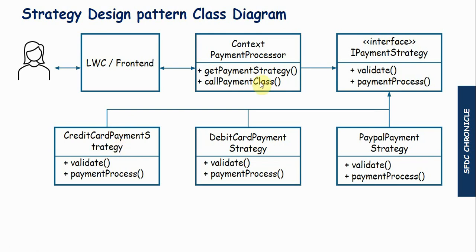So if it is credit card, it will redirect that request to the credit card payment strategy. When you are trying to implement the strategy design pattern, create one interface, create one context, and the different types of strategy classes that you want to achieve. This is how the strategy design pattern works in Salesforce.